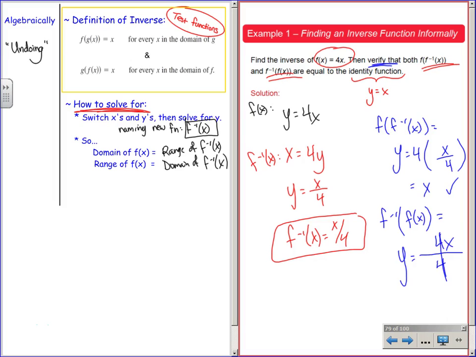Yes. Look at that. Drama and math. Who knew it? Okay, so this has been verified. These two functions are inverses of each other. This is the original, that's the inverse.